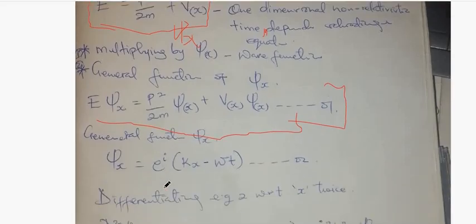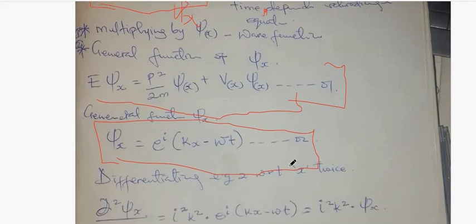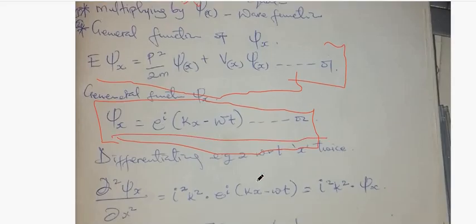Then the general function of psi of x will be psi of x is equal to exponential i into k x minus omega t. Let's mark that as equation 2. Then continuing, differentiating equation 2 with respect to x twice, we'll have delta squared psi of x.